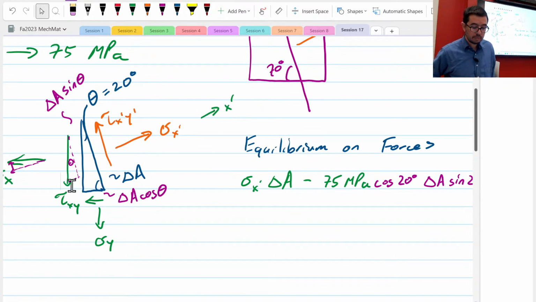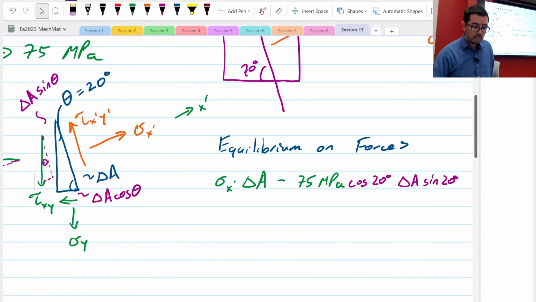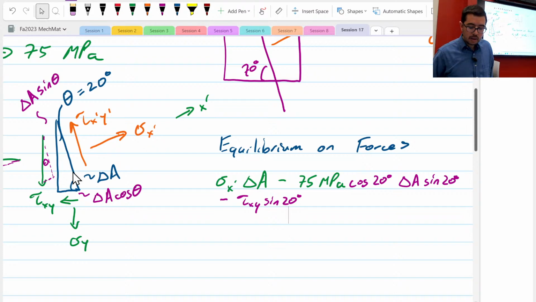So we're going to have a minus tau xy sine of 20 degrees, okay? And it's acting again on the delta A cosine face, or delta A sine face. Okay?